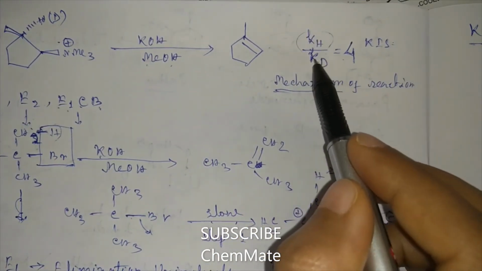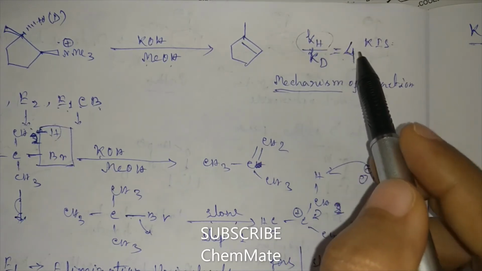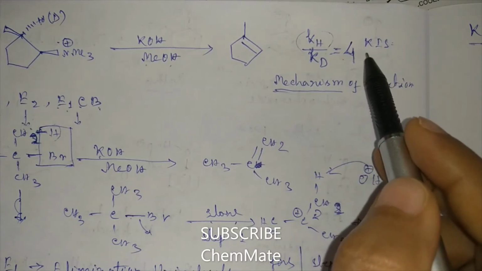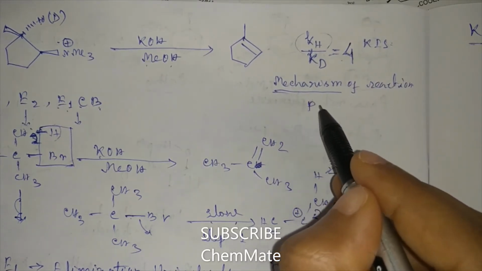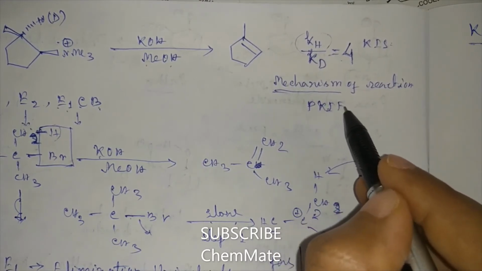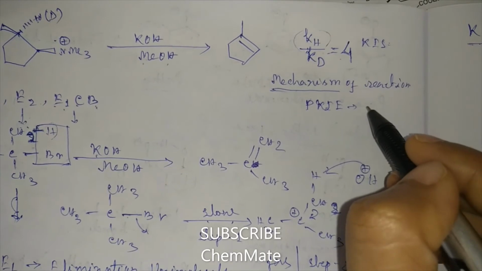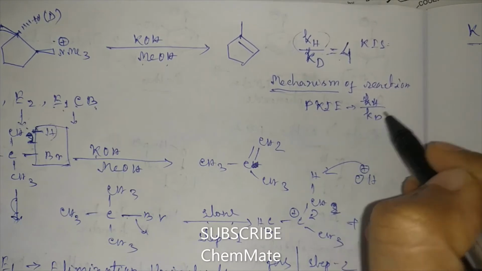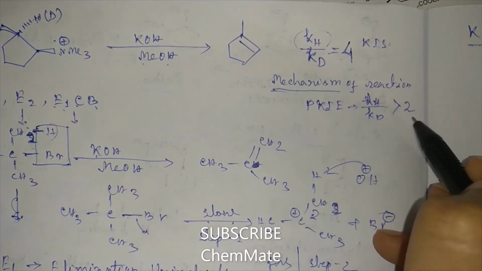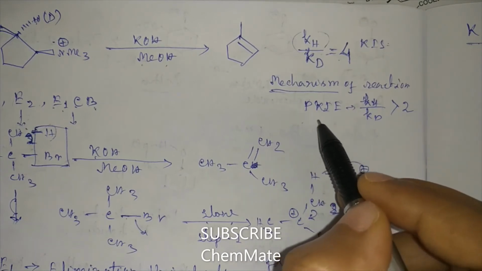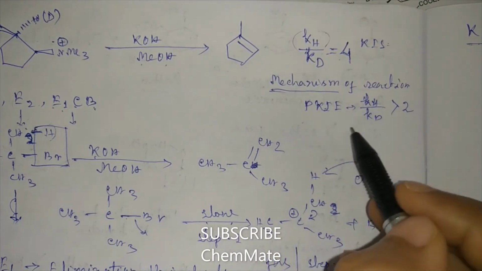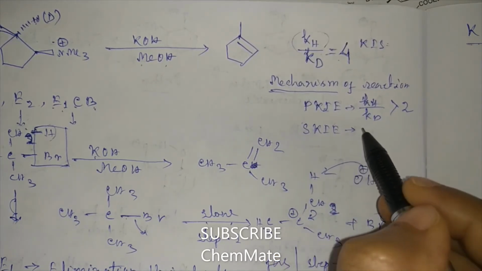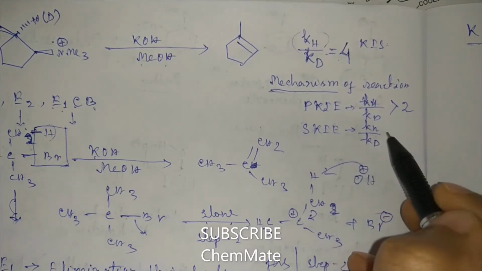If the kinetic isotope effect is greater than 2, that means 2 to 8, then that is called primary kinetic isotope effect, if Kh by Kd is greater than 2. But if it is less than 2 or nearly equal to 1, then that is called secondary kinetic isotope effect. Kh by Kd nearly equal to 1.